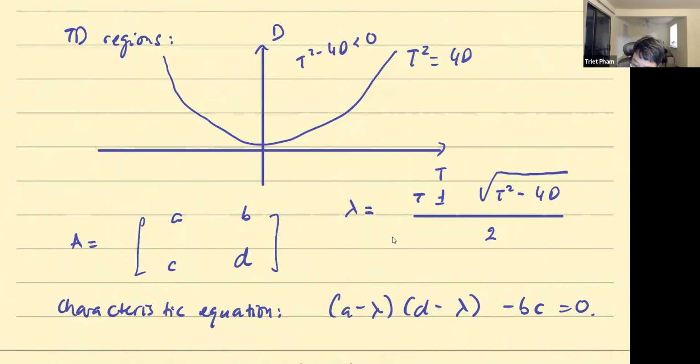And below the parabola is where t squared minus 4d is positive, okay? And that explains why the parabola is a critical boundary, because as you cross the parabola, you're crossing between the real solution into complex solution. Okay, so that explains this.